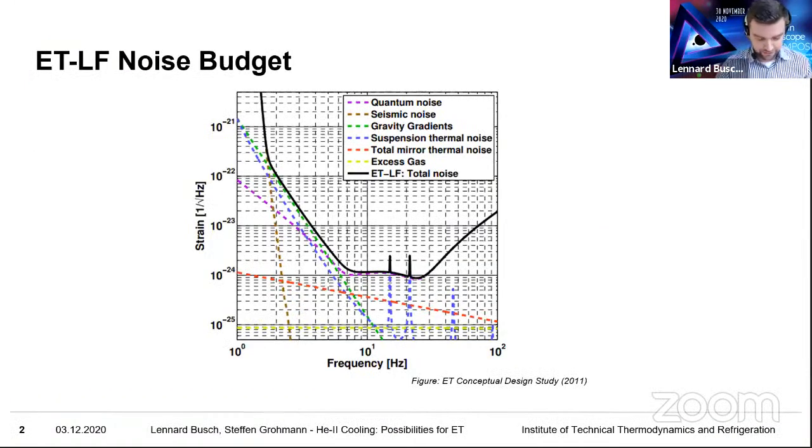This figure we've seen a couple of times during the course of this symposium already, but it's also good to show the origin of the motivation for the application of cooling to cryogenic temperatures, because obviously, again, here, if I have my laser pointer, you can see the ET-LF sensitivity goal as taken from the conceptual design study.